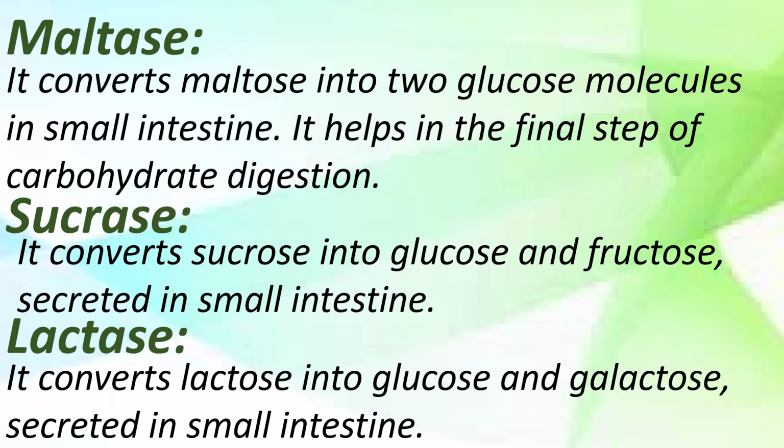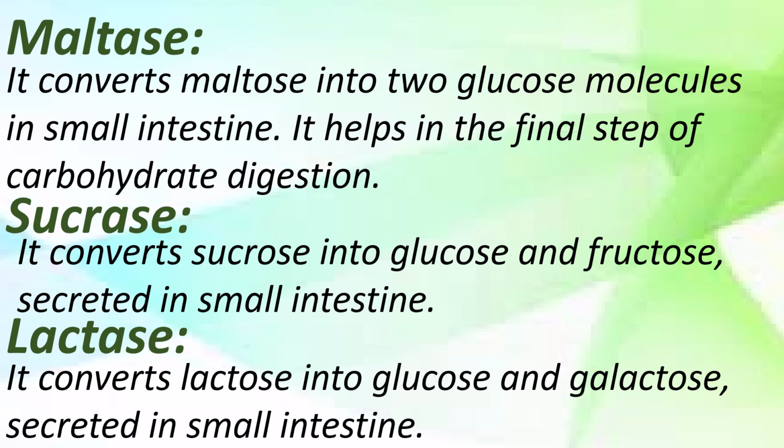Maltase reacts with maltose to form an enzyme substrate complex. Product is released, that is two glucose molecules, and the enzyme is recovered at the end of the reaction. It helps in the final step of carbohydrate digestion because after this, absorption of glucose molecules in the intestine occurs.